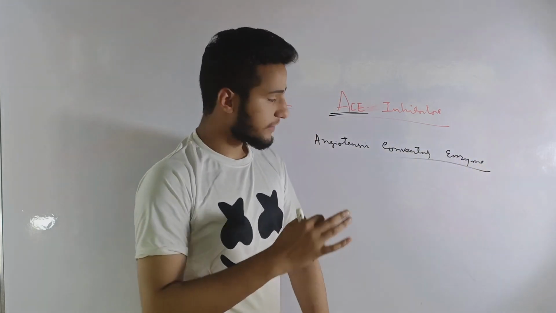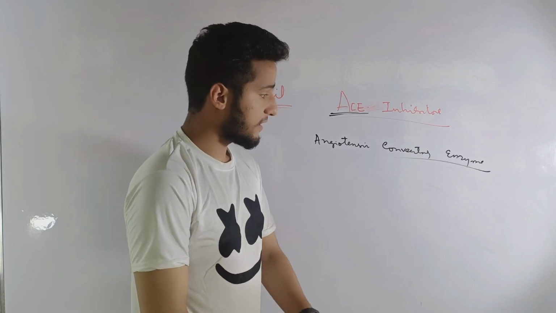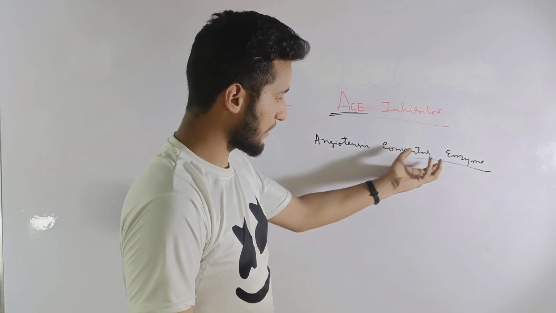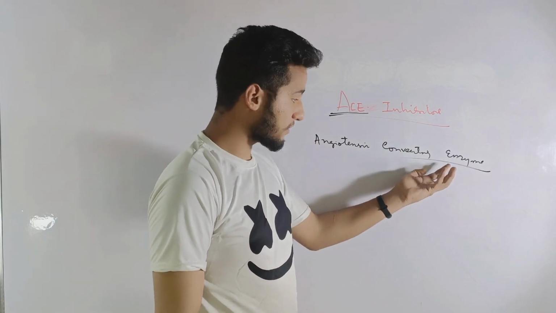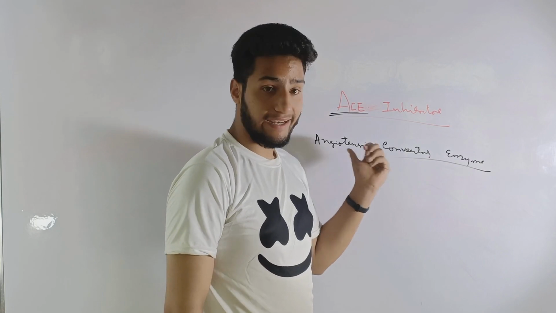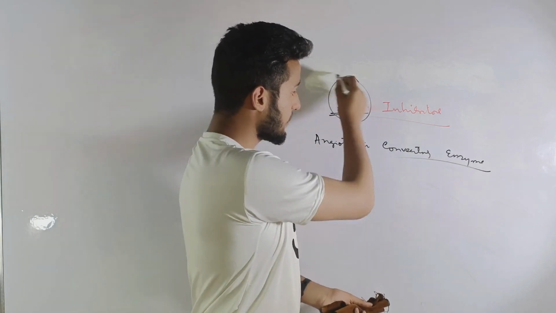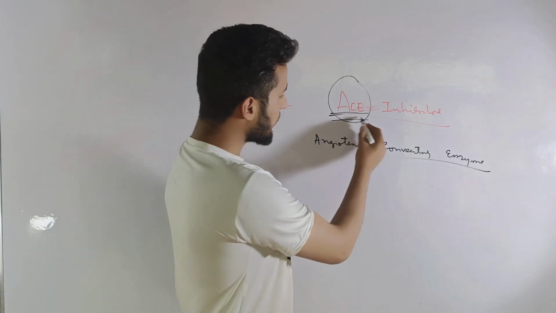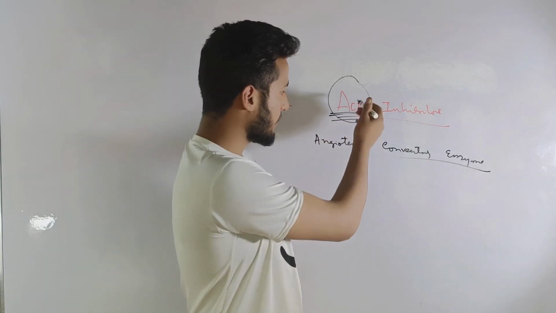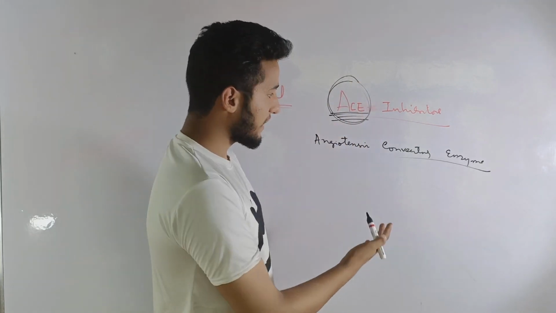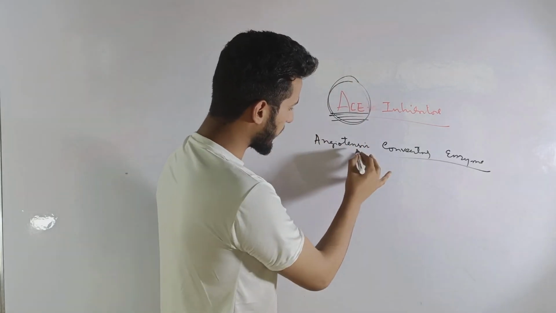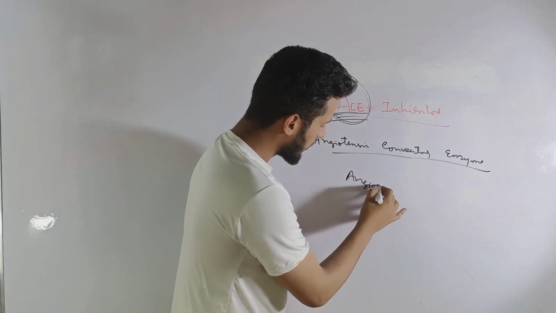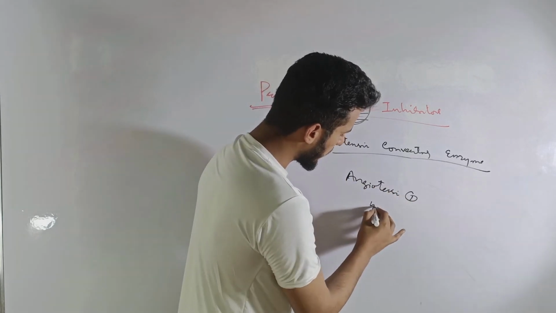If you remember the renin-angiotensin-aldosterone system, there is a converting enzyme, which is a central component of this system. The function of this enzyme in the RAS is that it basically converts angiotensin first to angiotensin second.